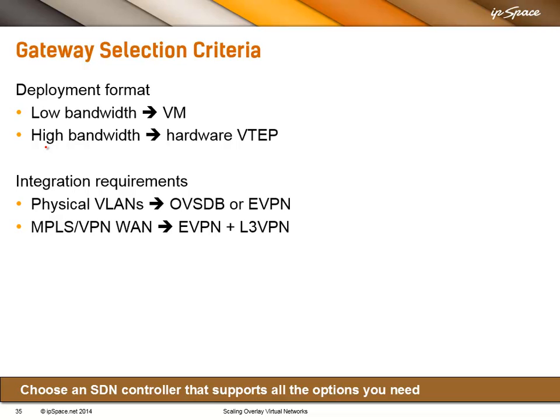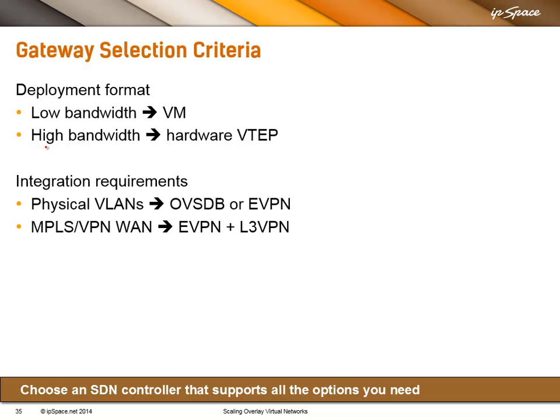If you want to connect the overlay virtual networks to VLANs, you may go with the gateway, maybe on a bare metal x86 server, that comes with your platform. Or if you want to have a hardware gateway, you have to look for one that supports OVSDB or EVPN, depending on what your SDN controller can support.